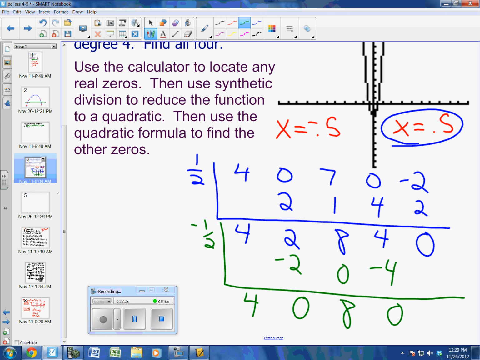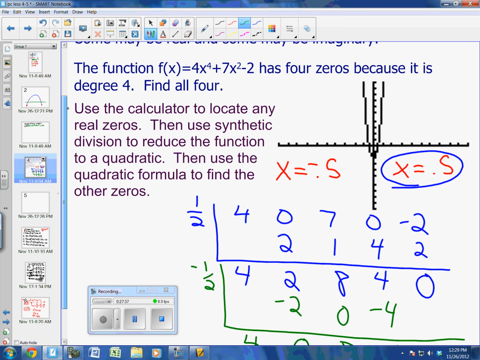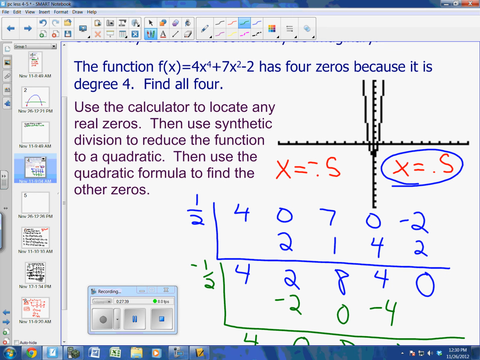So I have what kind of function? What are these the coefficients for? For a quadratic, aren't they? How do I know? What did I start off with? What was my function to start off with, you guys? 4th degree polynomial, right? When I divided 1/2 into it, it reduced it to a 3rd degree polynomial down here.